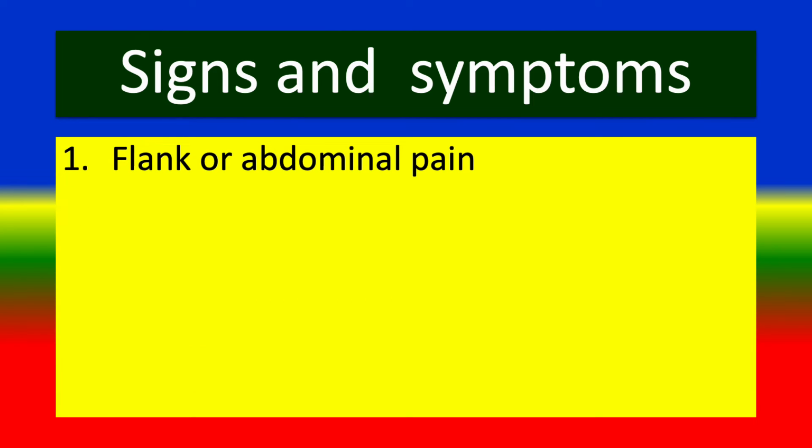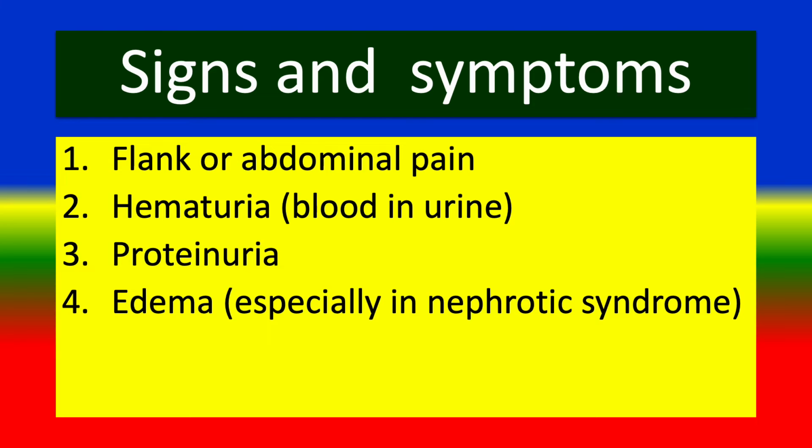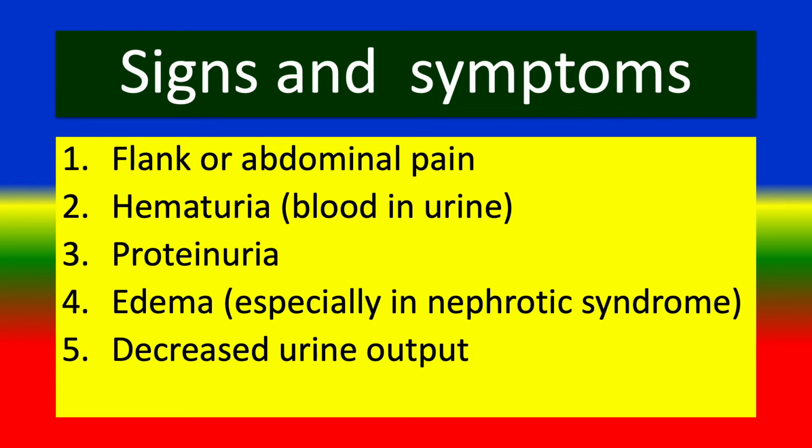Signs and symptoms. 1. Flank or abdominal pain. 2. Hematuria, blood in urine. 3. Proteinuria. 4. Edema, especially in nephrotic syndrome. 5.